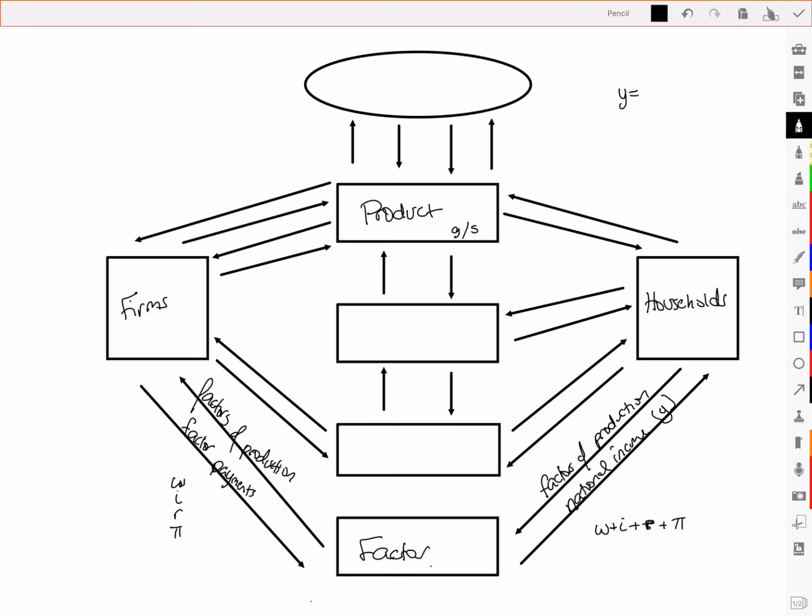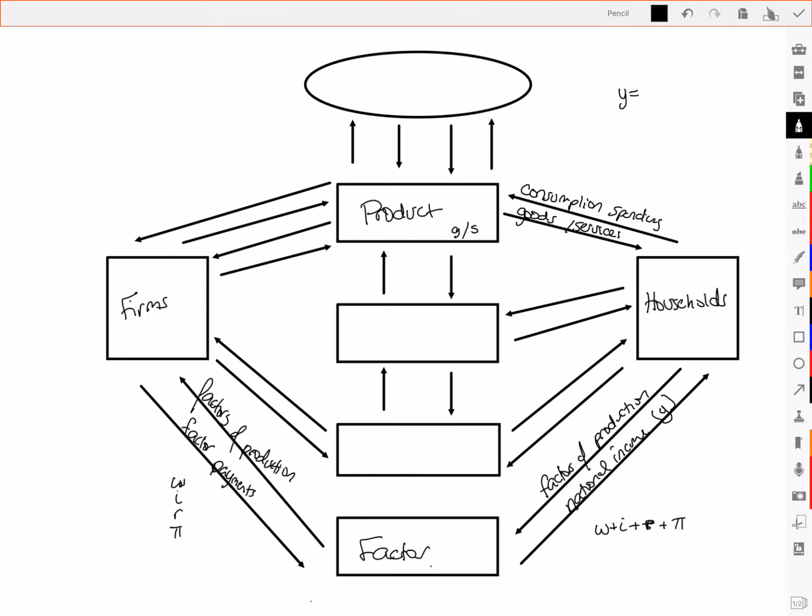Households buy goods and services. That was part of the simple circular flow. We call this consumption spending. Consumption spending is households buying goods and services. So what they get in exchange, of course, is the goods and services.